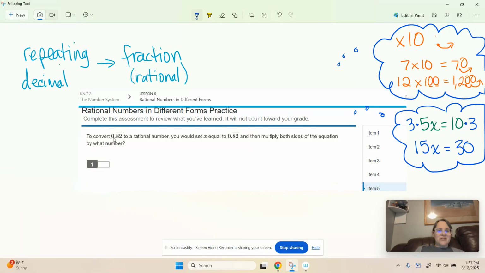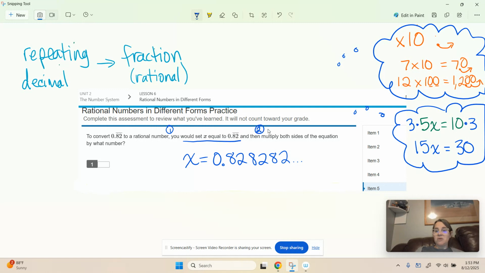Okay, here we go. So to convert 0.82 repeating to a rational number, these are the instructions. First, you would set x equal to 0.82 repeating. That looks like this. x equals 0.828282, and so on to infinity. Here's step 2.